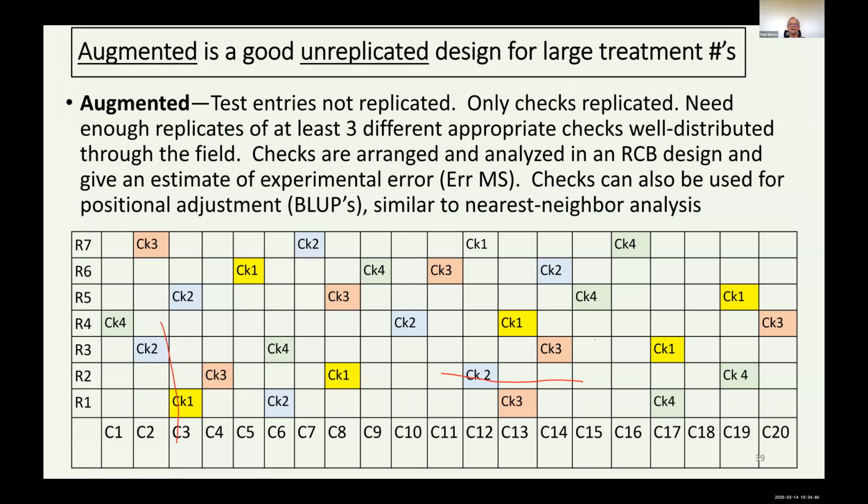Augmented can be very useful. There should be at least 3 different appropriate checks well distributed through the field. And checks are analyzed in an RCB design. They can also be used for positional adjustment of BLUPs, similar to nearest neighbor analysis.